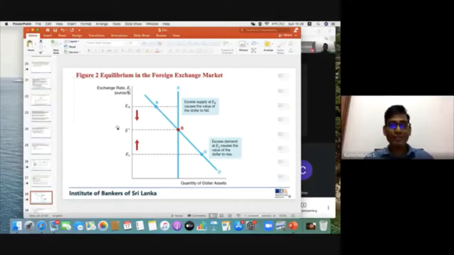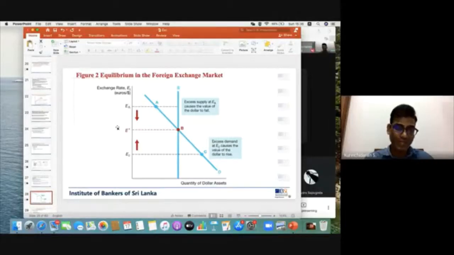So at point B, the market will be at equilibrium. So the equilibrium exchange rate would be at E star.